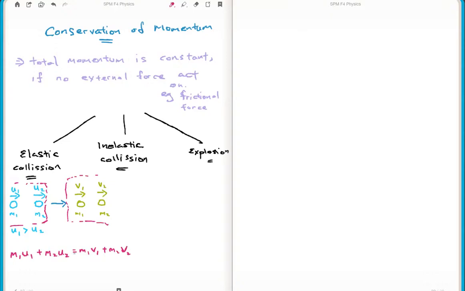If they ask for the final velocity, you just substitute all the values. The masses before and after are the same. Then substitute and rearrange to find the answer. Now, the second thing special about elastic collision is that the total kinetic energy is also conserved, it's also constant before and after.